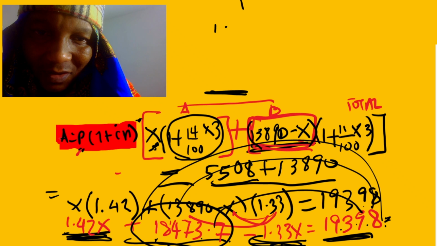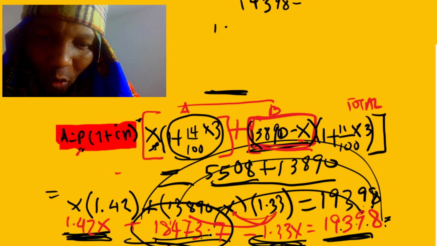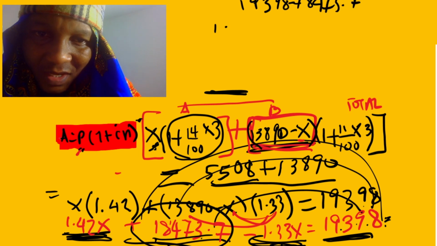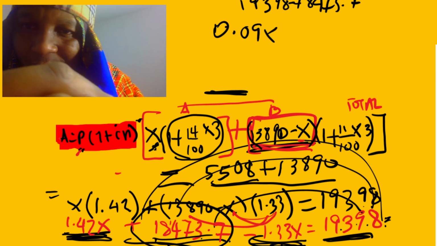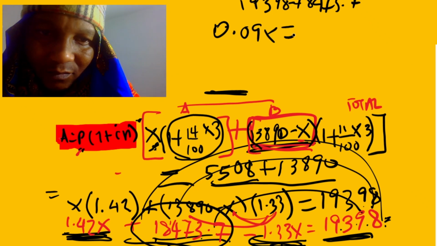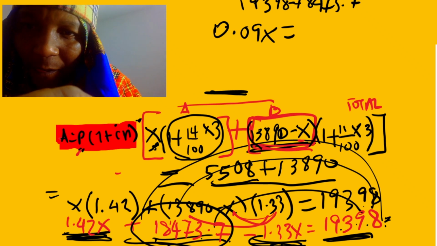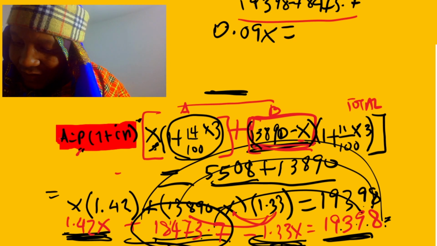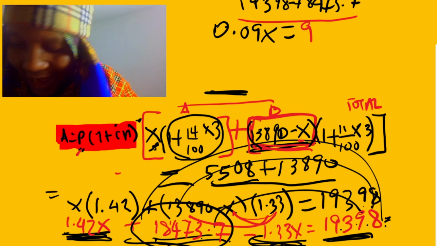So we're going to have 0.09x on the left, equal to, when you minus these two, 9.25.